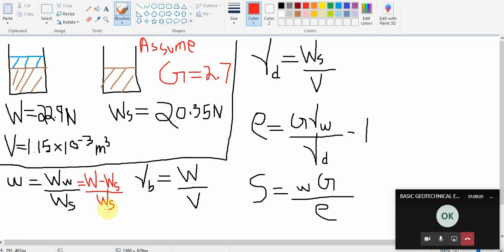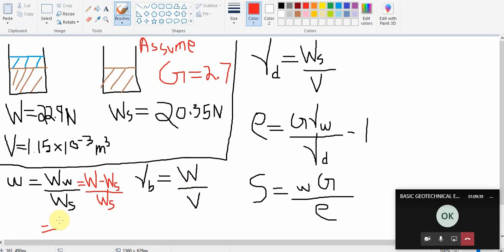Correct. Bulk density is direct substitution. Weight of soil is 22.9, divided by 1.15. That gives 19.9 kilonewton per meter cube.